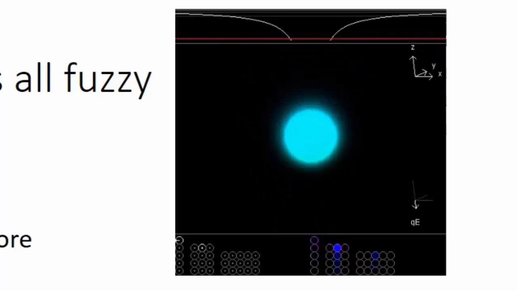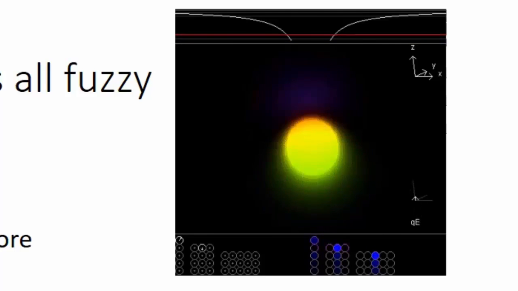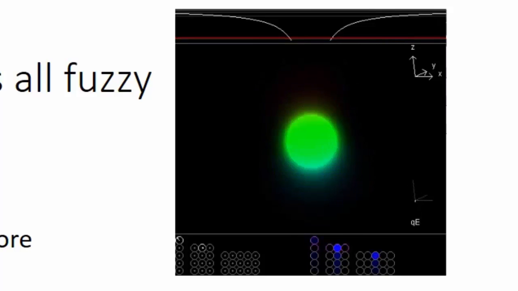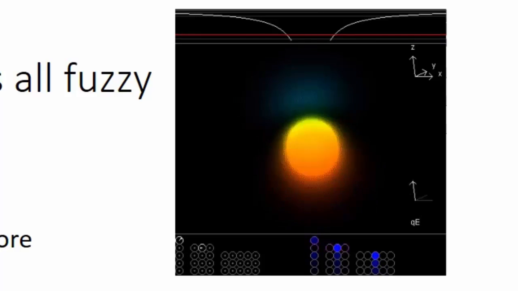It's actually a fuzzy ball, and you can see here it's being pushed around and changing shape, and what it's actually doing is it's absorbing light, and one way of looking at it is that it's holding light inside itself.